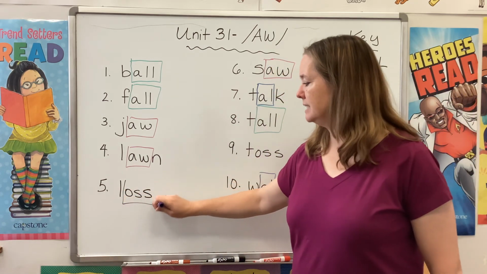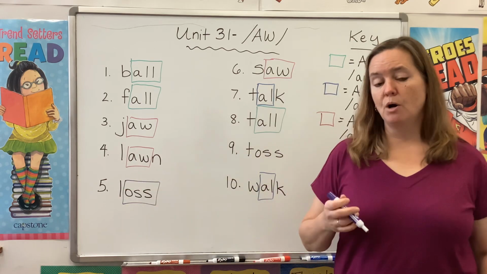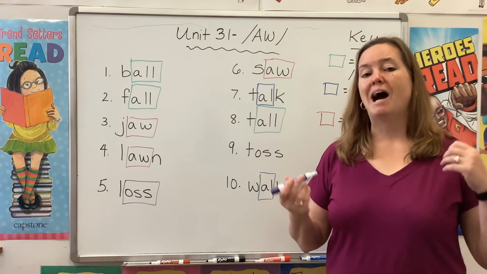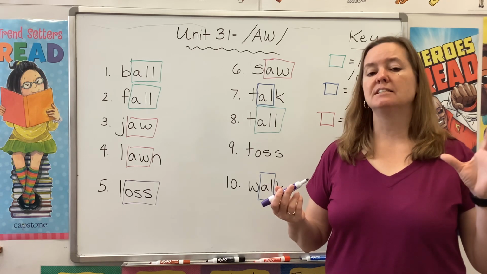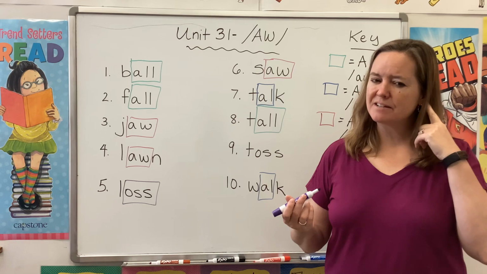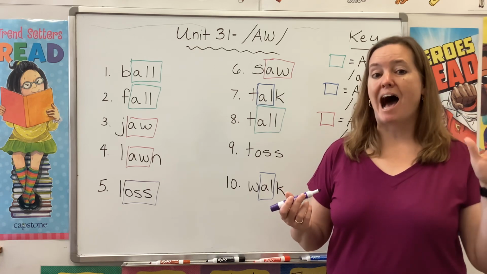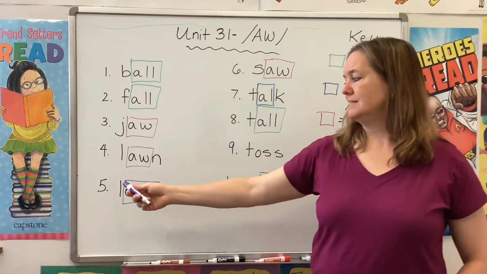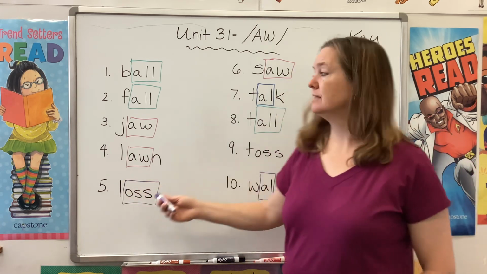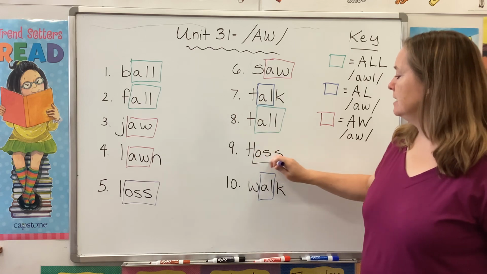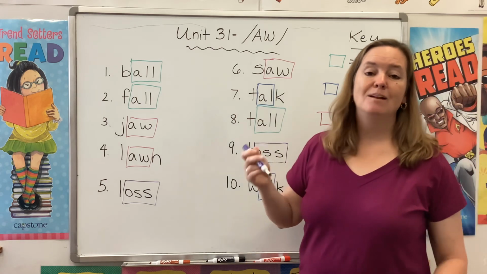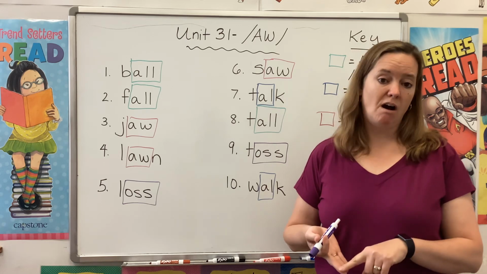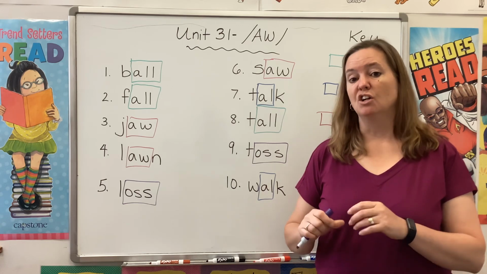Okay, another chunk that I want you to be familiar with is OSS. For some reason, when O shows up before two S's, instead of making a short O, ah sound, it's going to say aw. Can you hear the difference between short O, ah, and this pattern, aw? So we see it in loss, we see it in toss, and we see it in many other words like boss, moss, cross, floss, gloss.